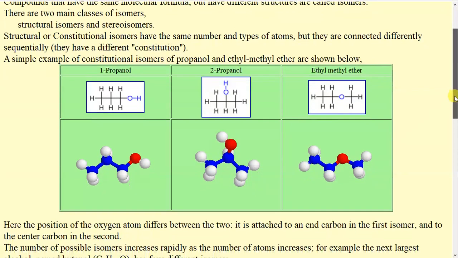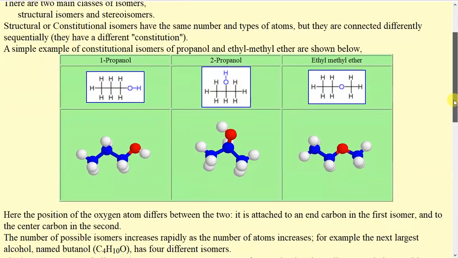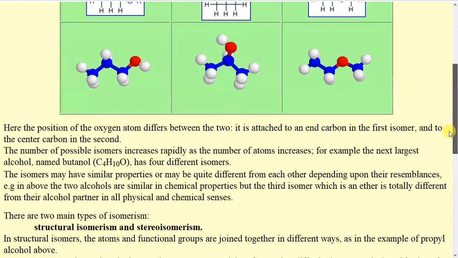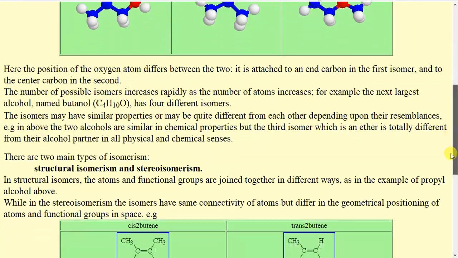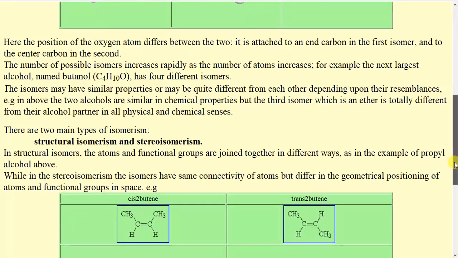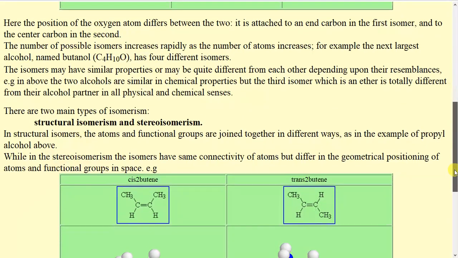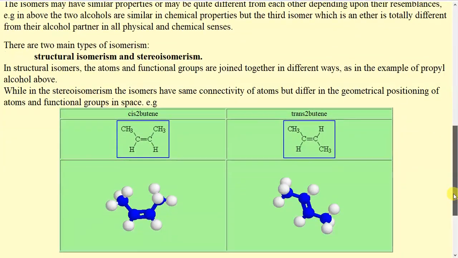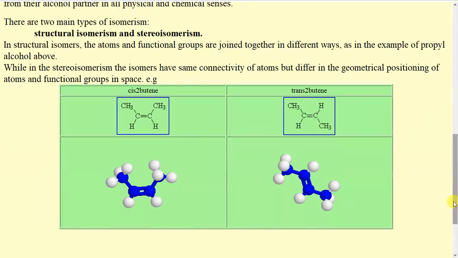The second type of isomerism is stereoisomerism. In stereoisomerism, the sequence or connectivity of the atoms is the same, but their arrangement in space is different. The atoms lie at different angles, giving a different structure to the compound.